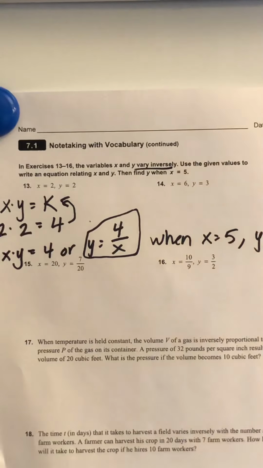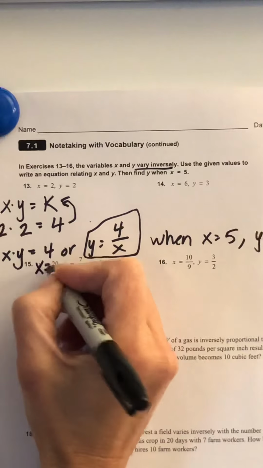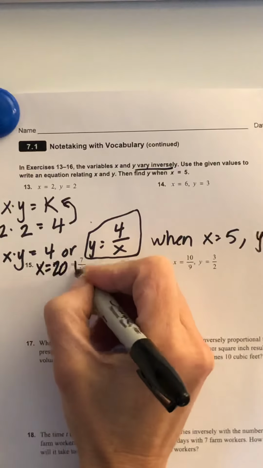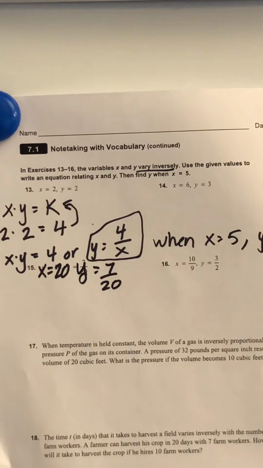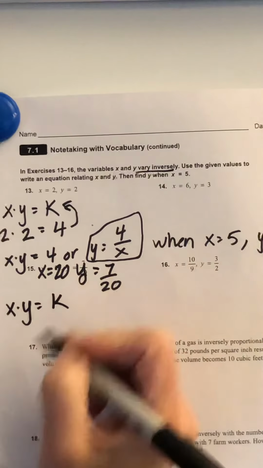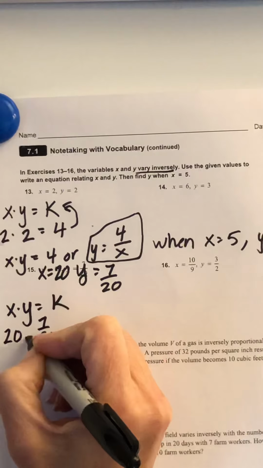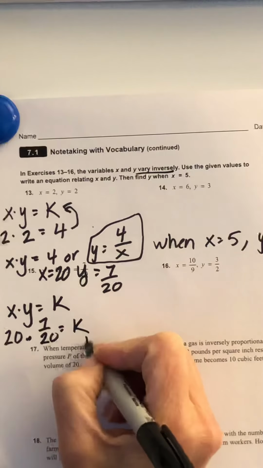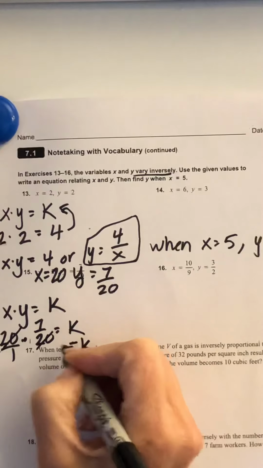All right, let's look at number 15. If you can't read that, it says x equals 20 and y equals 7 over 20. I'll write it a little bigger. We need to find the equation for the inverse variation. Again, if I use x times y equals k, I get 20 times 7 over 20 equals k, so k equals 7.